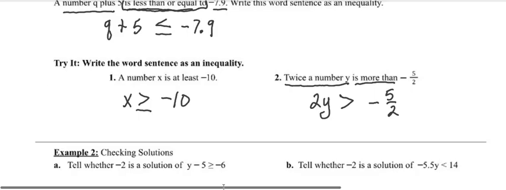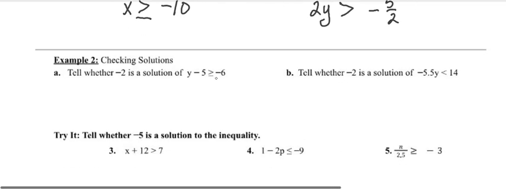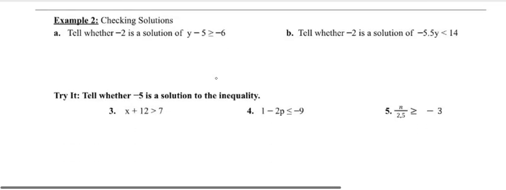Now, on the next part, we're going to be looking at checking solutions. Tell whether negative 2 is a solution of y minus 5 is greater than or equal to negative 6. Checking solutions has to do with substituting, right?